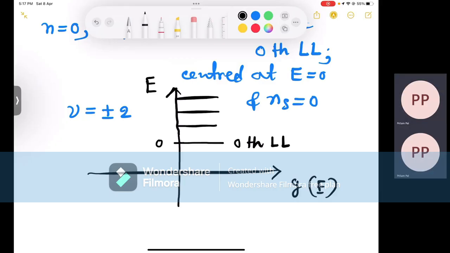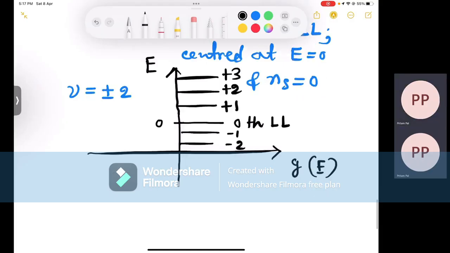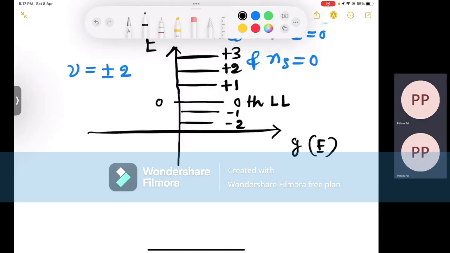So the first one is 0, then below that we'll have -1, -2, above 0, +1, +2, +3. These are the indices for the different Landau levels, and so on and so forth.